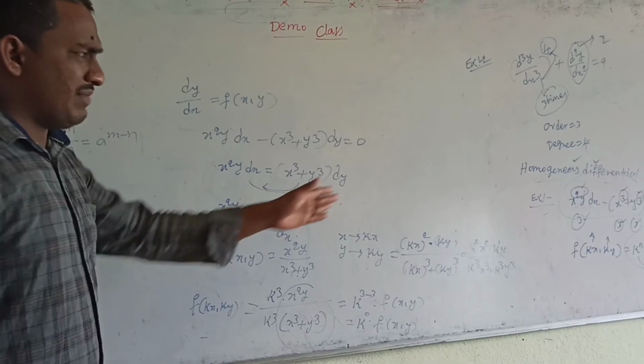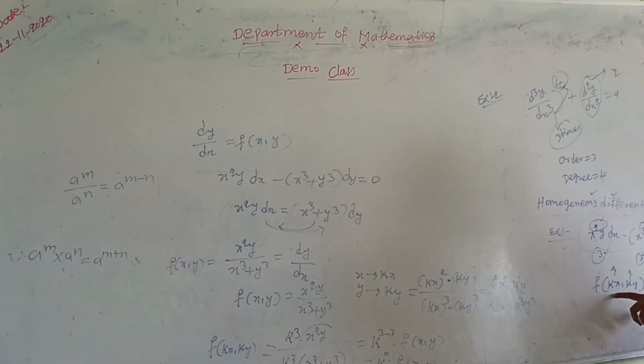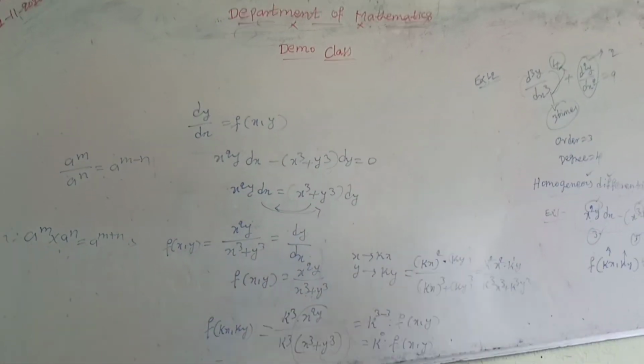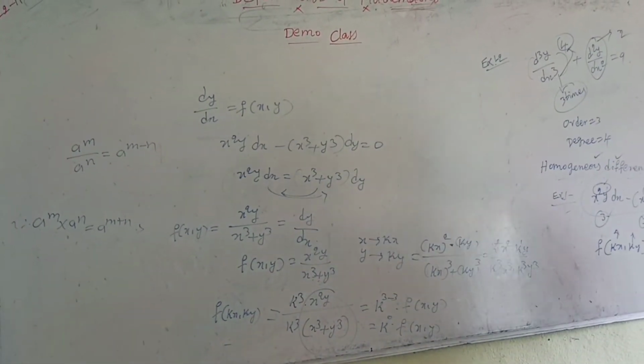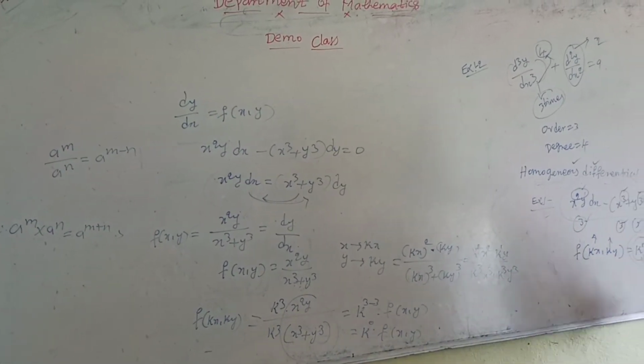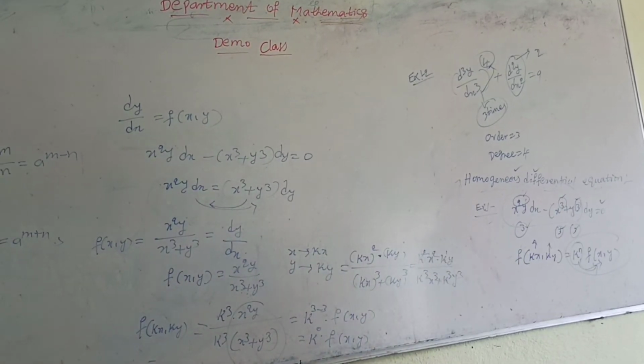So what I mentioned here: if you solve f of kx comma ky, that means in place of x you substitute kx, and in place of y you substitute ky. If you get k power n into the function f of x comma y, you can say it is a homogeneous differential equation.